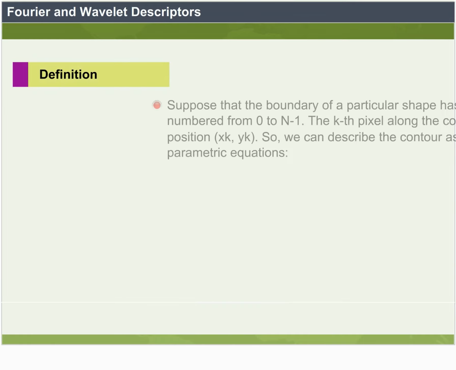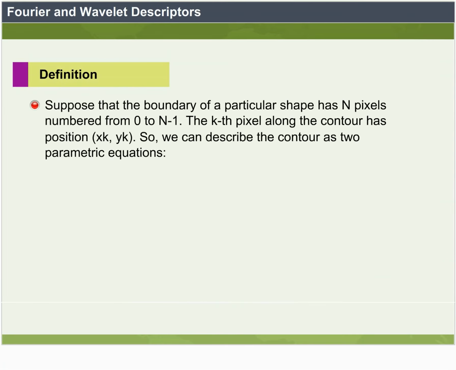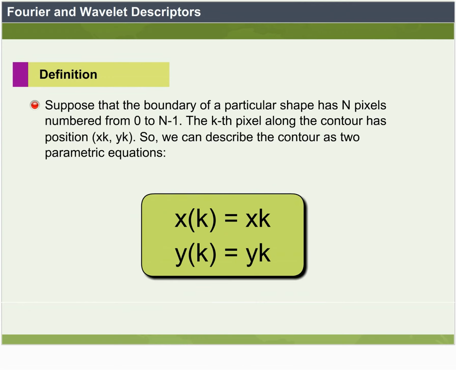Suppose that the boundary of a particular shape has n pixels numbered from 0 to n-1. The kth pixel along the contour has a position xk, yk. So we can describe the contour as two parametric equations: x of k equals xk, y of k equals yk.